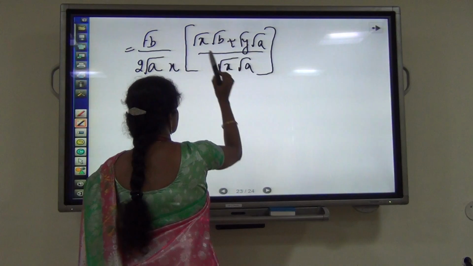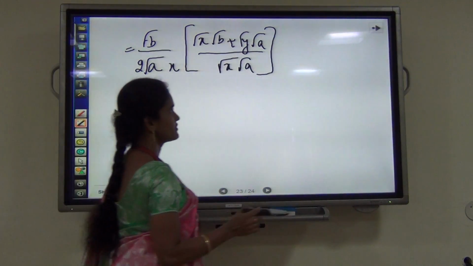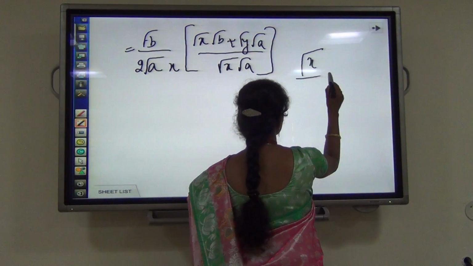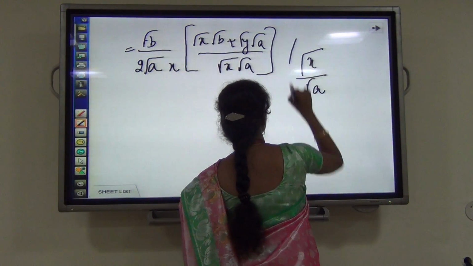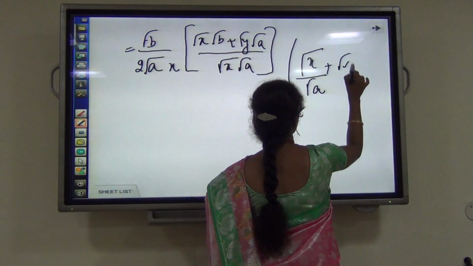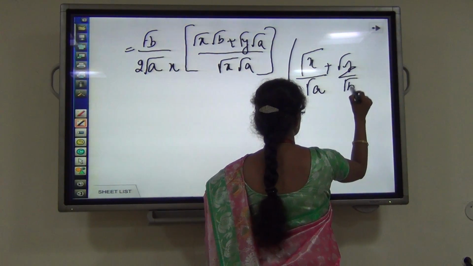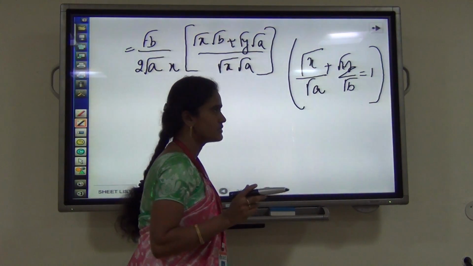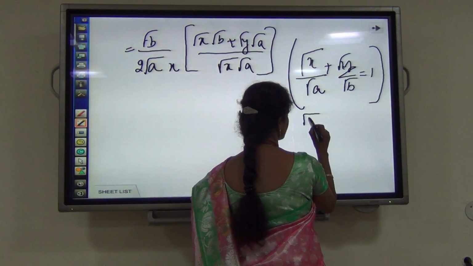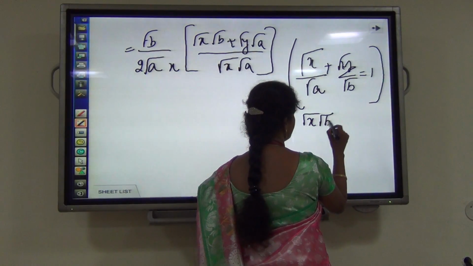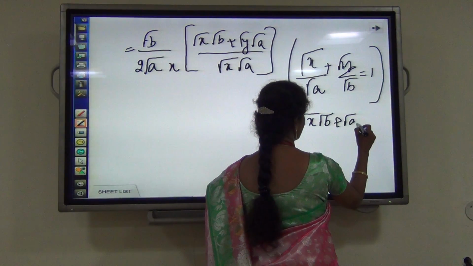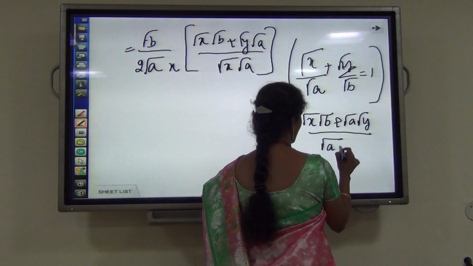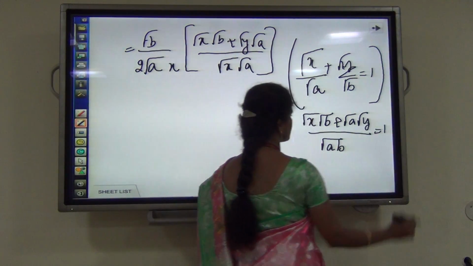Okay. Now this part, you can rewrite from the curve. What is the curve? Root x by root a by root y by root b is equal to 1. As we take LCM here, we can write this as root x root b plus root a root y by root of ab, or root a root b, is equal to 1.